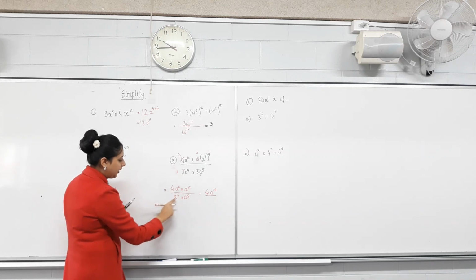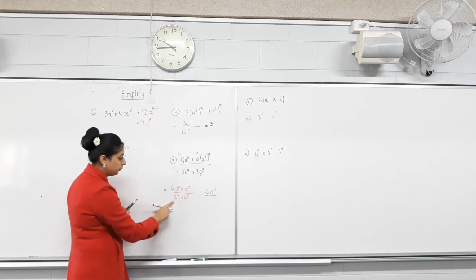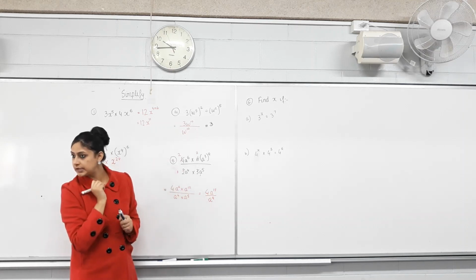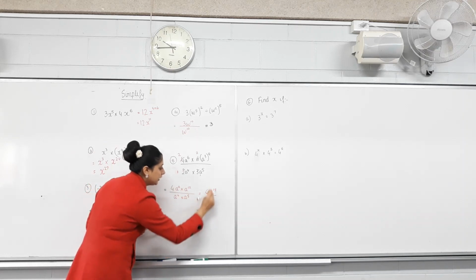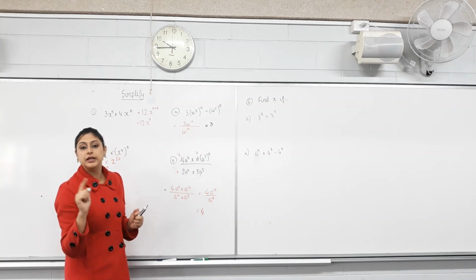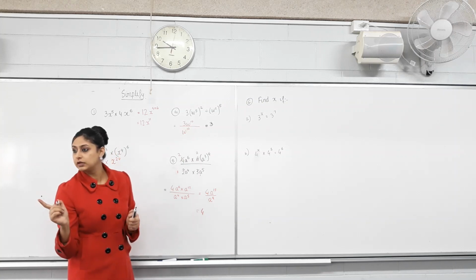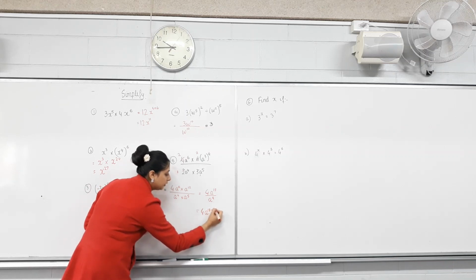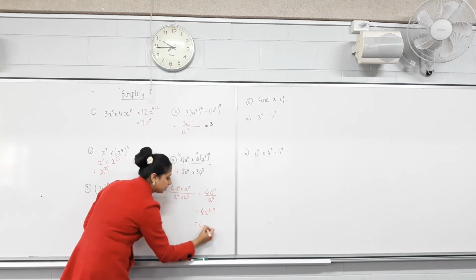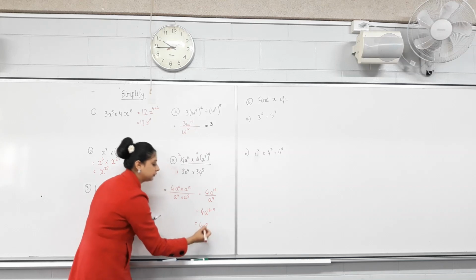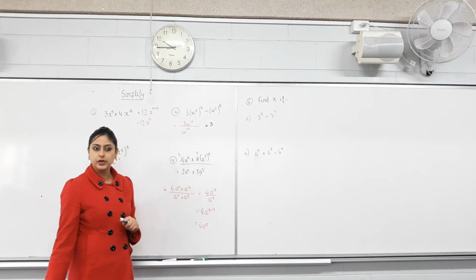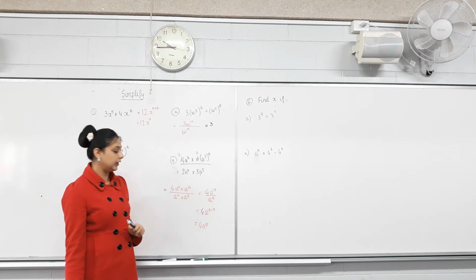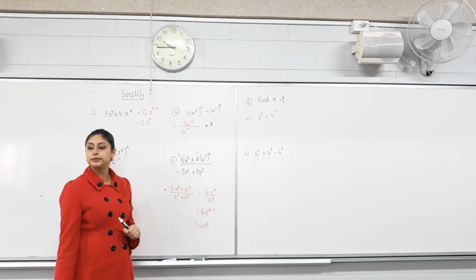What happens to their powers? They're being multiplied by themselves. So, yep, a to the power of 9. Yes? Now, these two a's, same base, but they're being divided. What happens to the powers? Minus. So 18 take away 9, which is 9. That's it. So we deal with numbers separately and pronumerals separately. And use all the laws that you can.